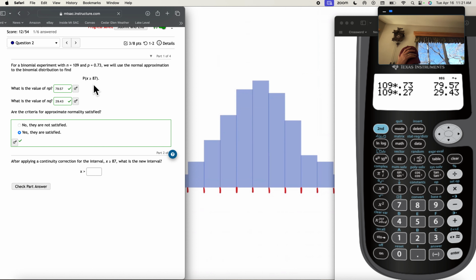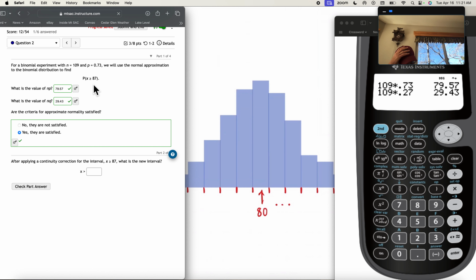So I'm just going to go to the largest bar and say that's about 80, as close to the mean as possible. And it's asking for the probability that your value of x is bigger than or equal to 87. Now, I'm not going to be real precise about where 87 goes. I just need to put it somewhere.